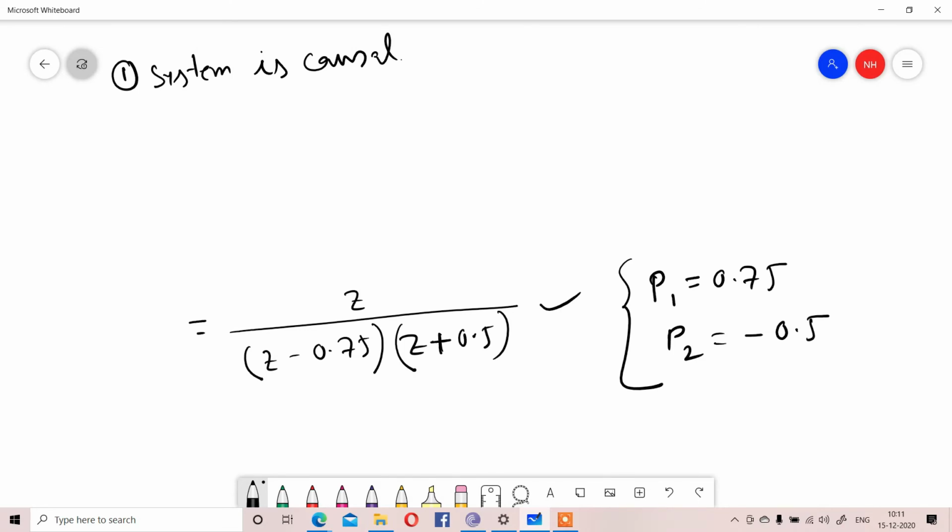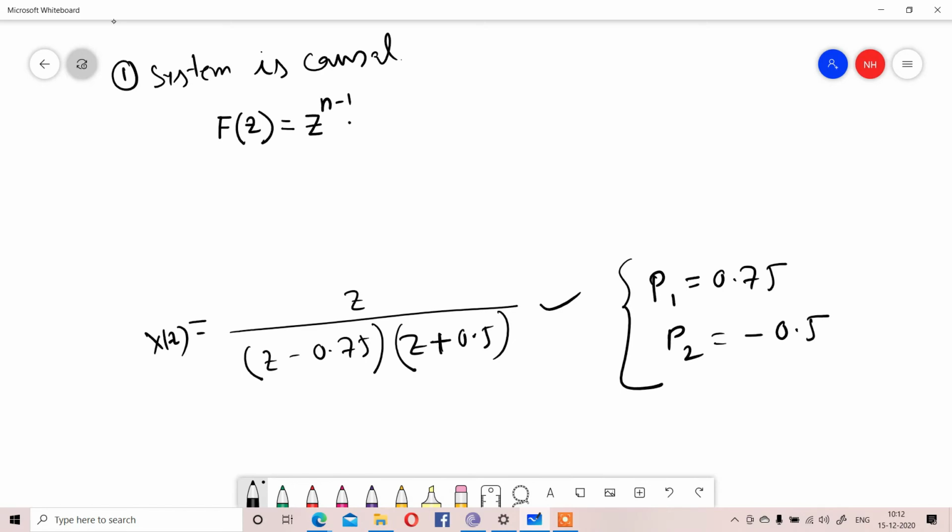If the system is causal, then what will be the value of fz? Already I have told you, z to the power n minus 1 into Xz is your value of fz.